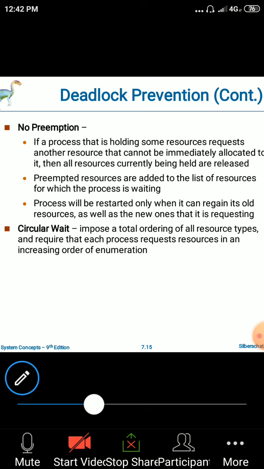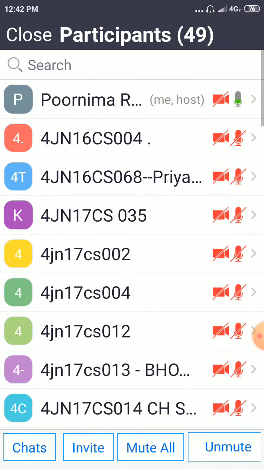If so, we release the resources from the waiting process and allocate them to the currently requesting process. So these are the two methods used to avoid the no preemption situation. If we avoid no preemption, then we are preventing deadlock from occurring. This is one of the algorithms used to avoid the occurrence of deadlock.